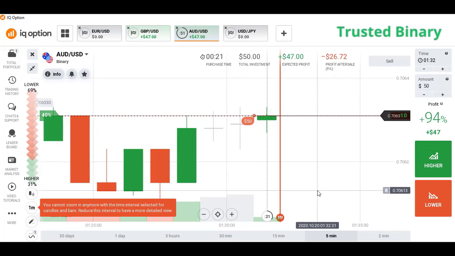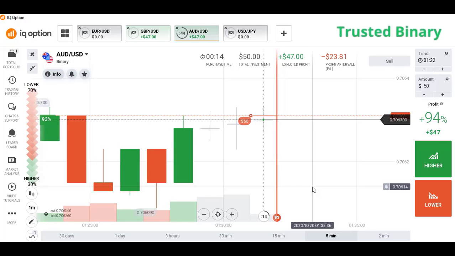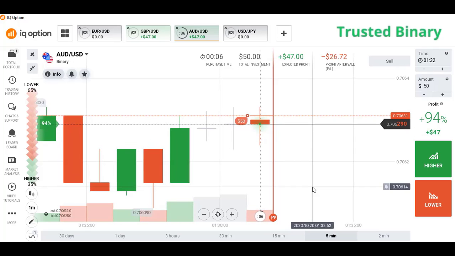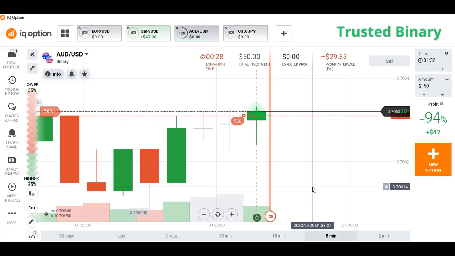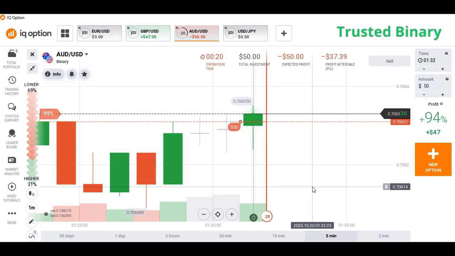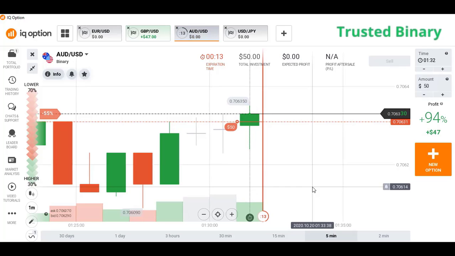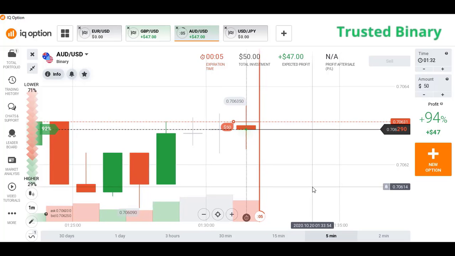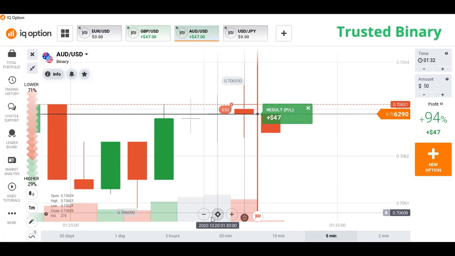So let's see what will happen here. Yes, this is my winning trade.